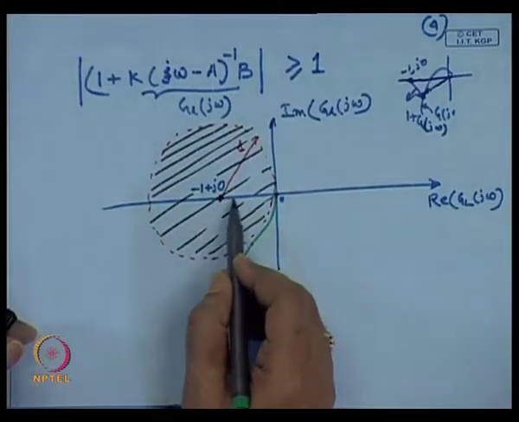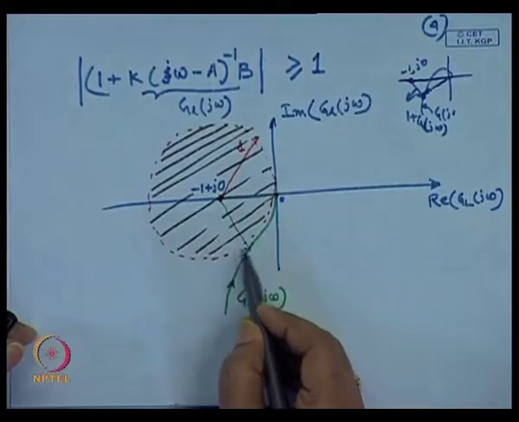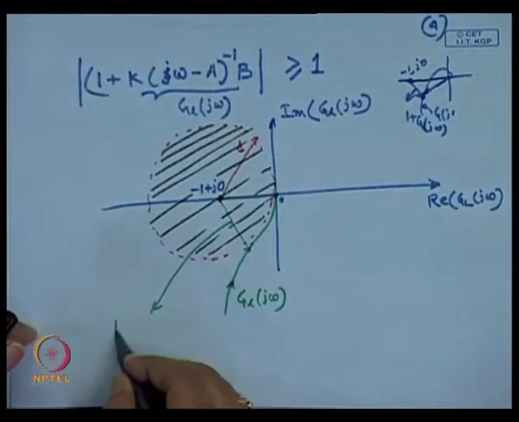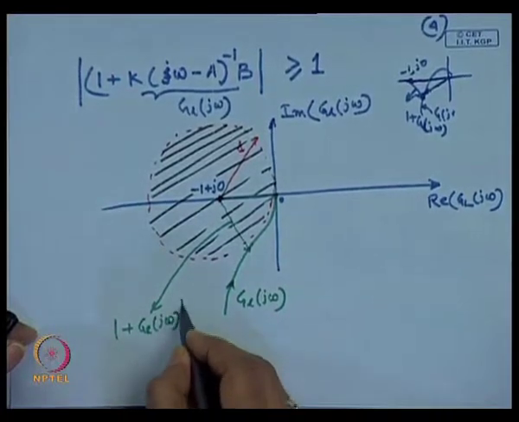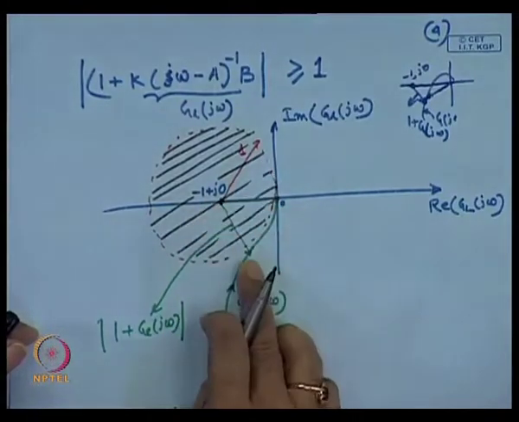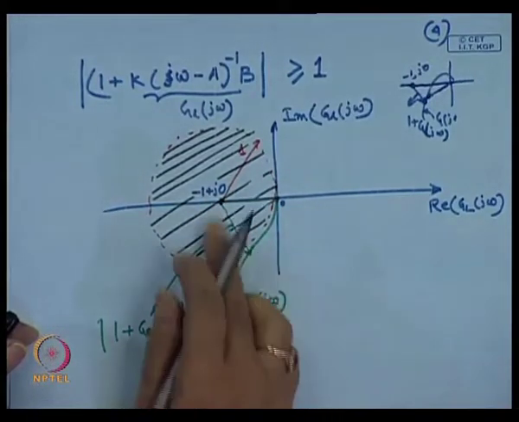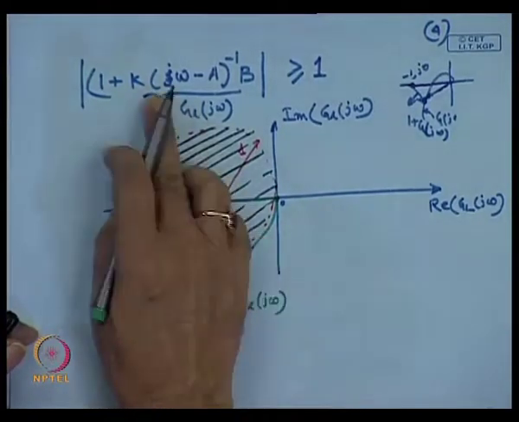And you see what is this from here to here, this quantity is the mod of 1 plus G_L(jω). This is less than that, this is nothing but 1 plus G_L, less than the unit circle, this condition.